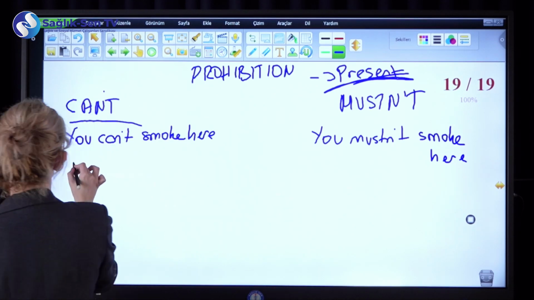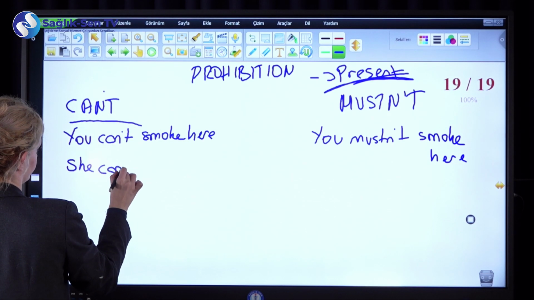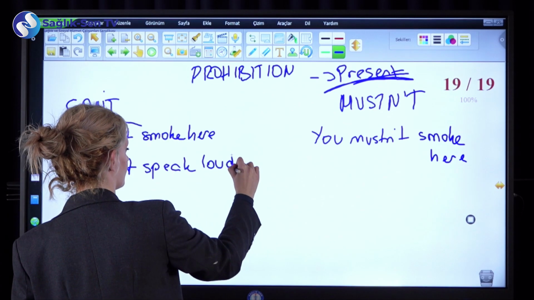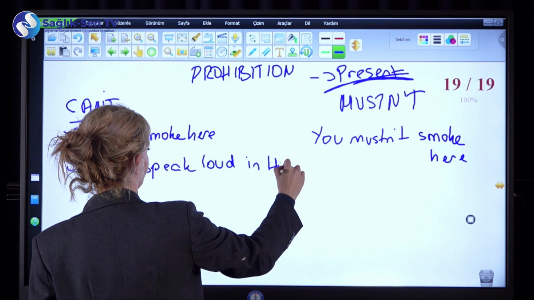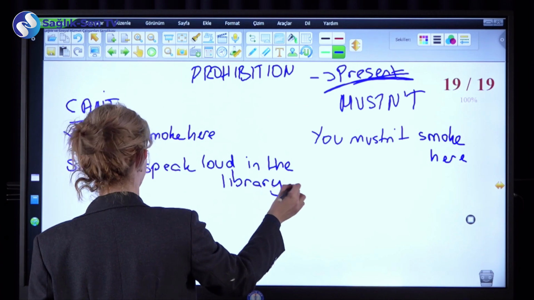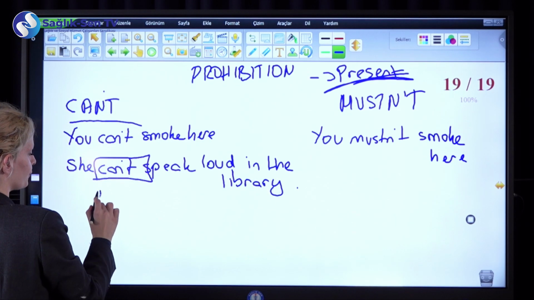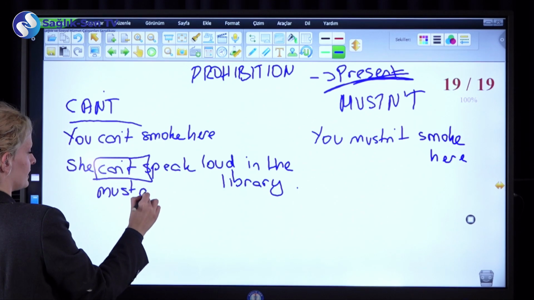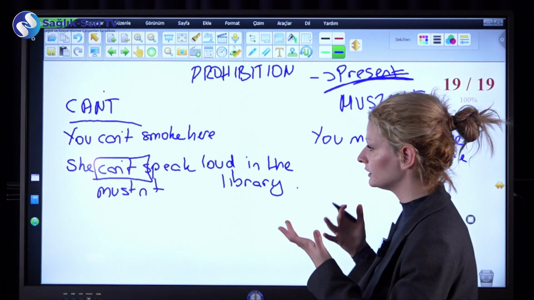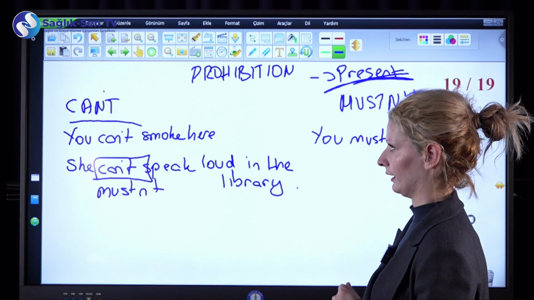Or she can't speak loud in the library. I could also use mustn't instead of can't, and it would still give the same meaning.